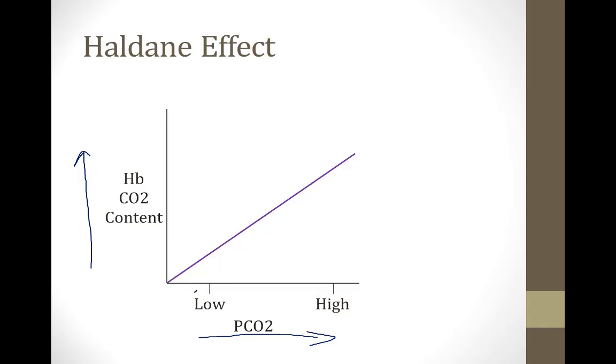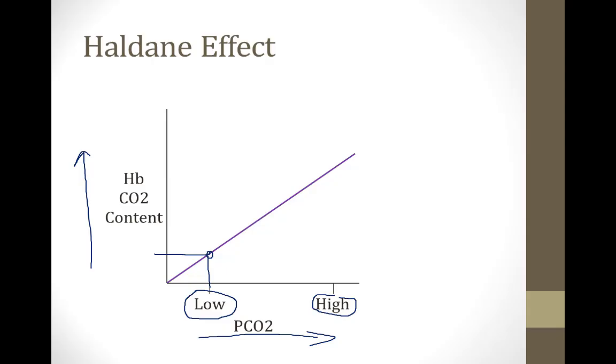So let's start off by imagining we're in an environment where there's relatively low carbon dioxide, and the lungs are an environment where there's relatively low CO2 compared to tissues. If that were the case, we'd be operating on this purple line right about here, which corresponds to a relatively low amount of carbon dioxide bound to hemoglobin. Now let's imagine we move to an environment where there's high CO2, like in the tissues.